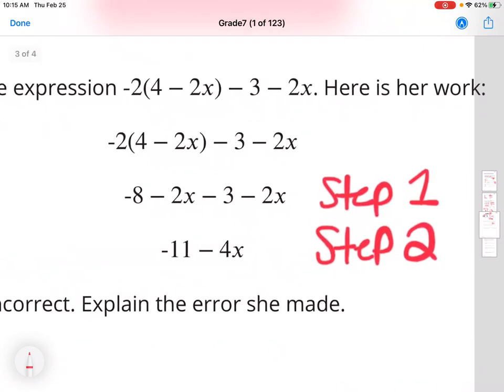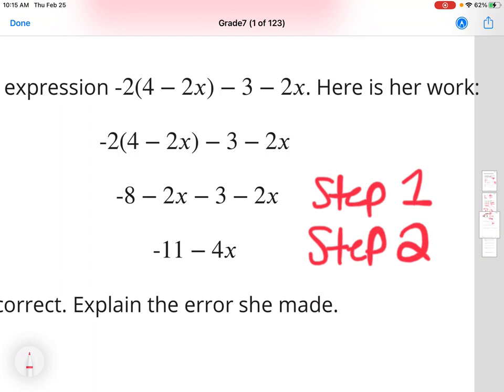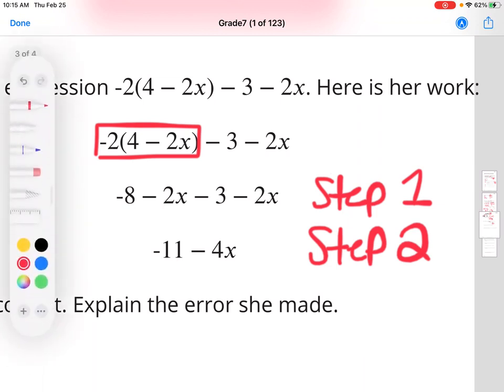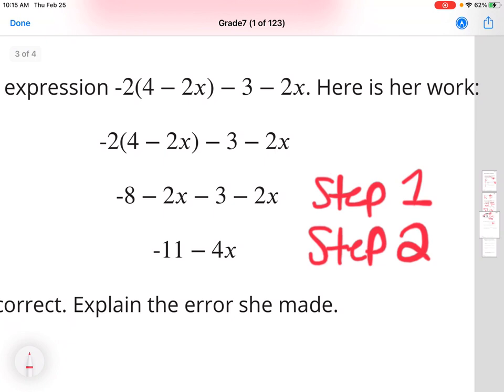So looking first at the expression, I see a set of parentheses. So that tells me that I need to first apply the distributive property. So negative 2 times 4 is negative 8.